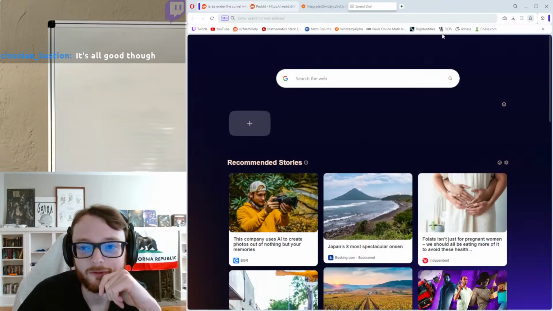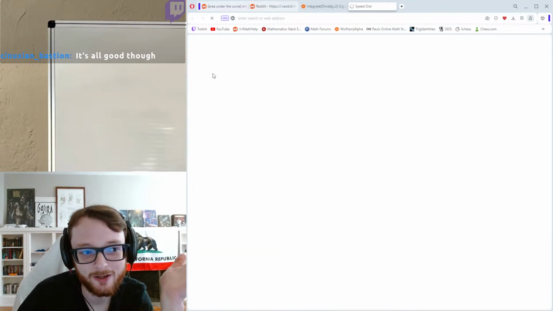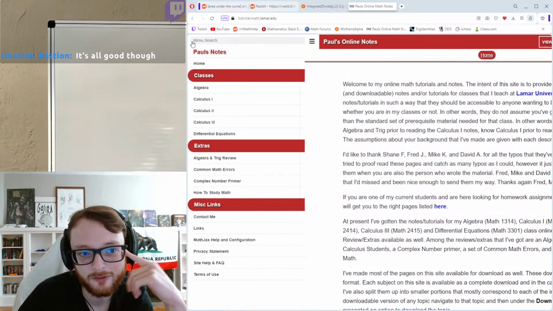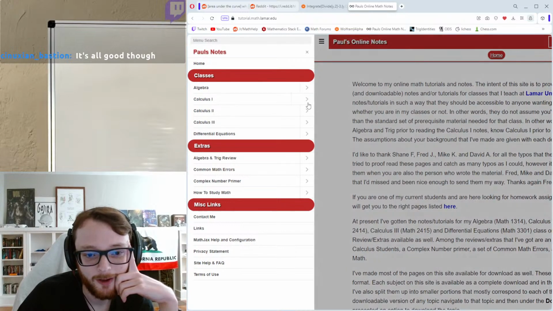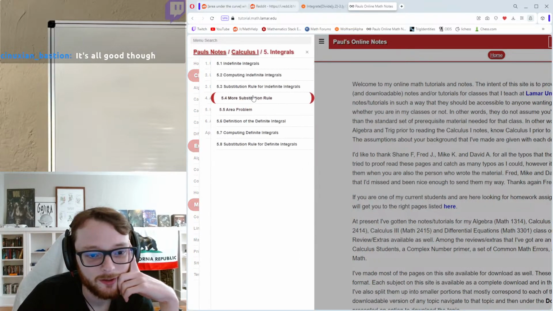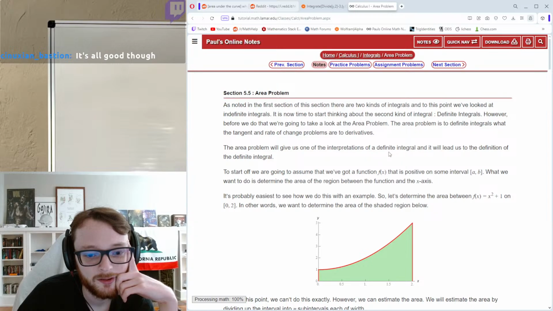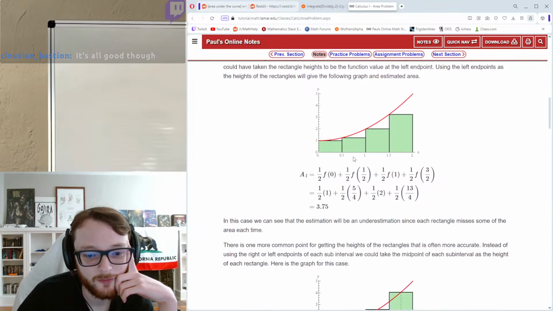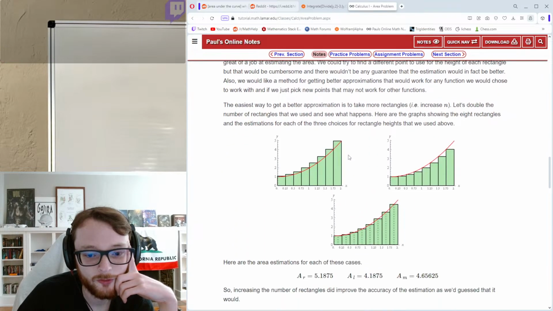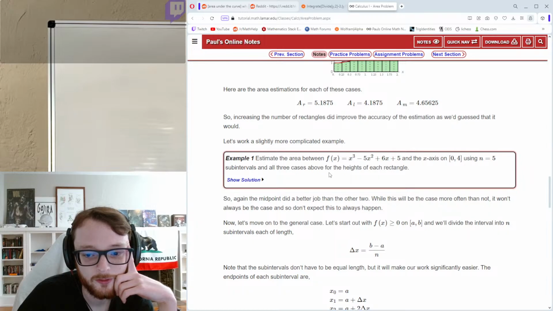Well, okay, you know what? Does Paul have an example? Someone asked for the area under the curve. I feel like I don't remember always making it positive. If I got a negative answer, I feel like I would just turn in the negative answer.